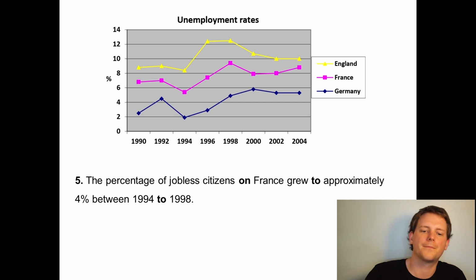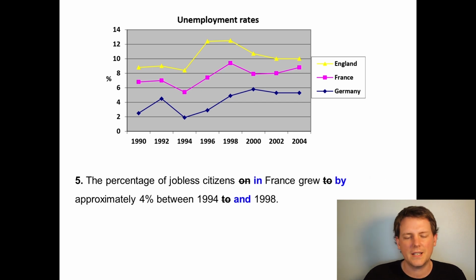Okay. The percentage of jobless citizens in France grew by approximately 4% between 1994 and 1998. So, in France, France is a country, so it's in France, grew by approximately 4%. So, let's see that.